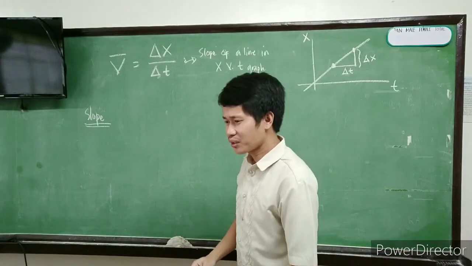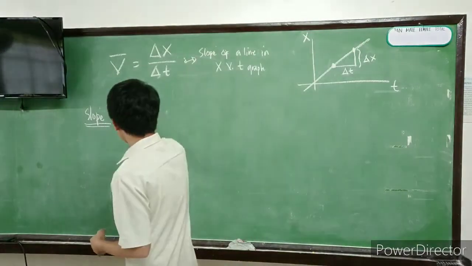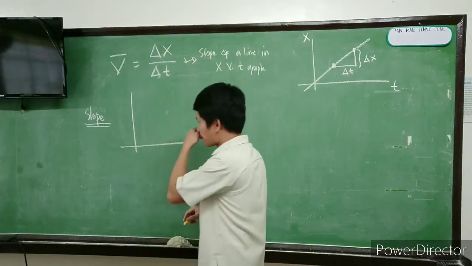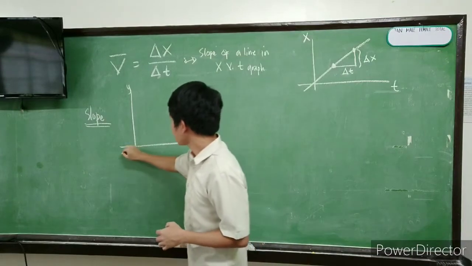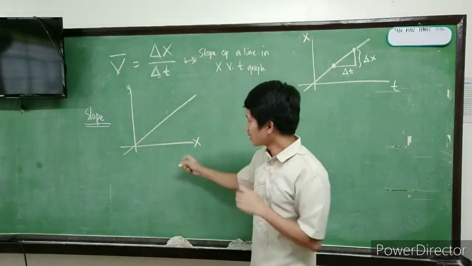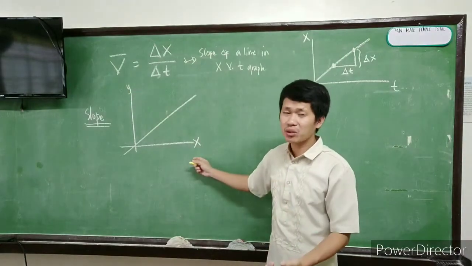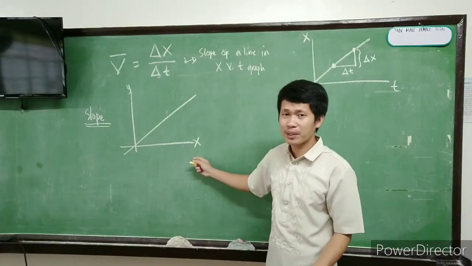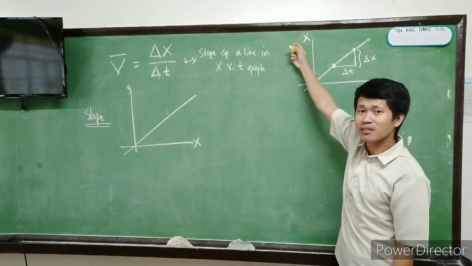Siguro your teacher started discussing about Cartesian coordinates. Okay? So kung meron ka ditong graph, syempre, y-axis to, x-axis yan. Ito yung line mo. Sa mathematics, syempre, ito yung y-axis and the x-axis. Pero when you start talking about graphical analysis ng motion, yung x mo ay nandito.